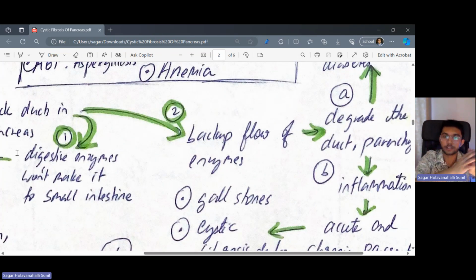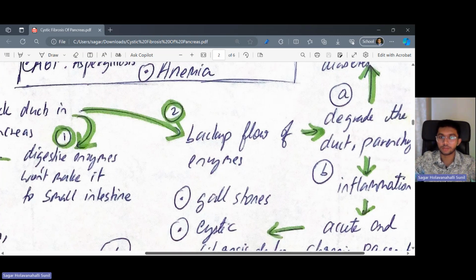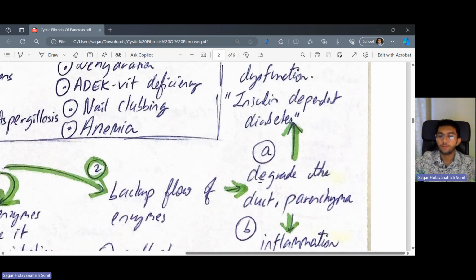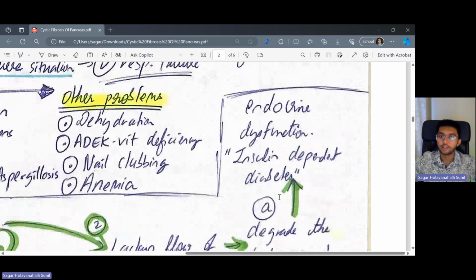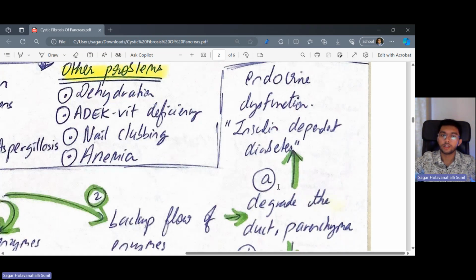If there's a blockage at the exit, then there'll be a backflow of the enzymes. This can cause two problems. Number one, after it degrades the duct and the parenchyma of the pancreas, it can cause endocrine dysfunction, for example, insulin-dependent diabetes, where the enzymes destroy the pancreas.